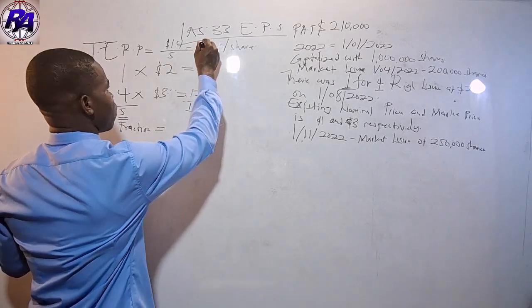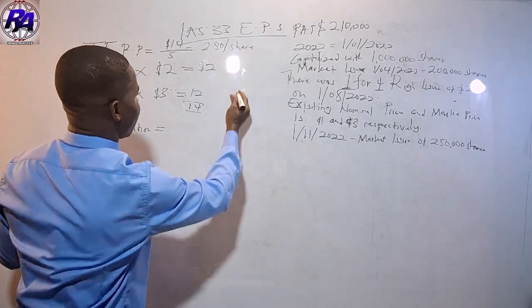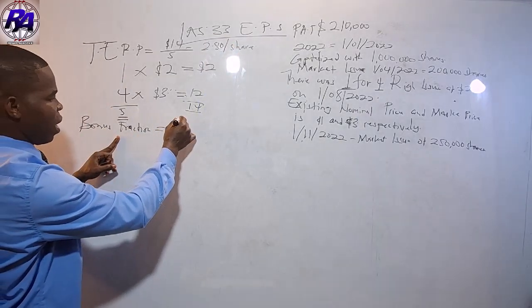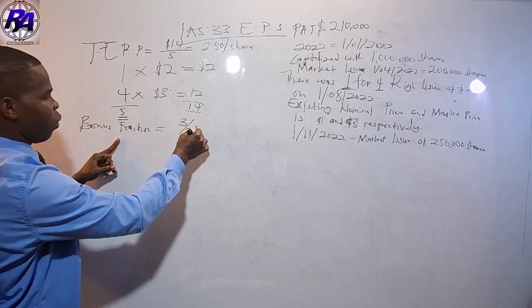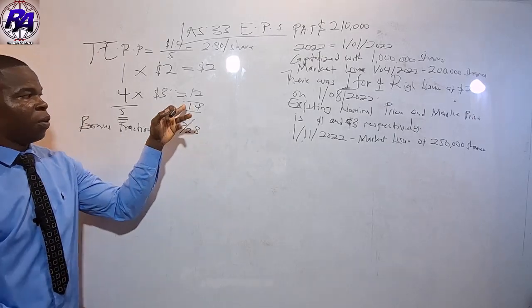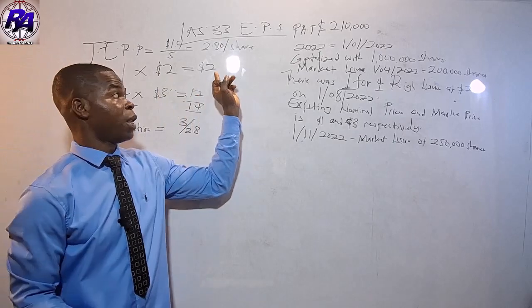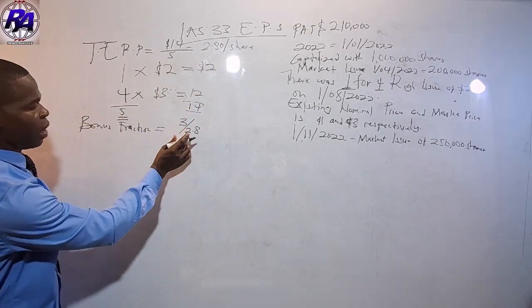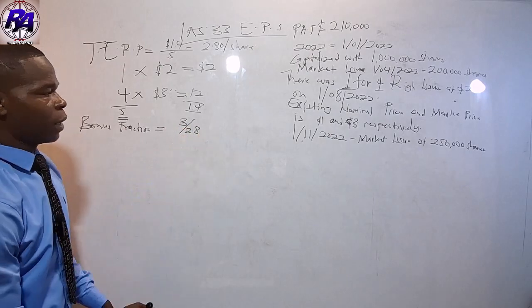So this is giving us 2.8 per share. Our bonus fraction is going to be the 3, the existing share price, divided by 2.8. Please take note, I made a mistake with this particular computation. So our bonus fraction is 3 divided by 2.8.